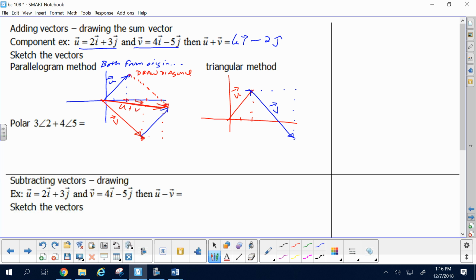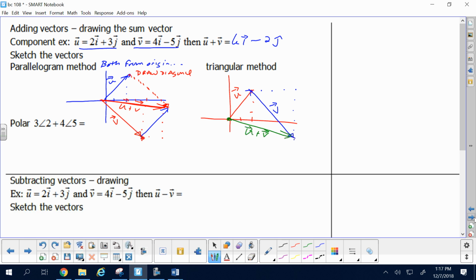The overall sum of those two vectors then is the result of starting at that point and doing both. That's u plus v. And you can see it's also right 6 down 2 and exactly the same as the u plus v over there. You see?